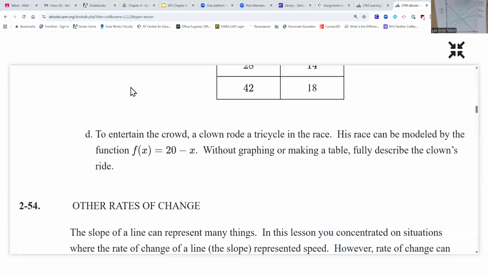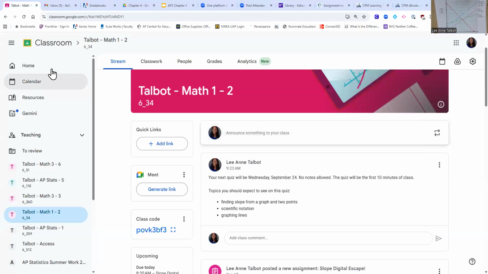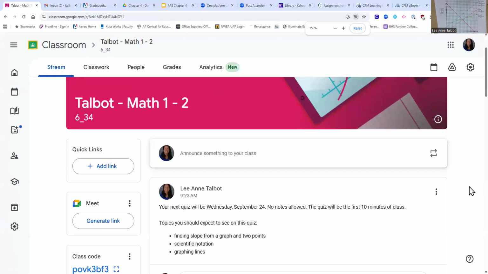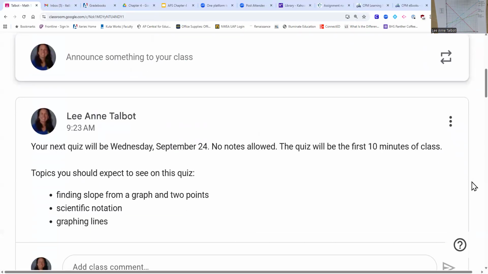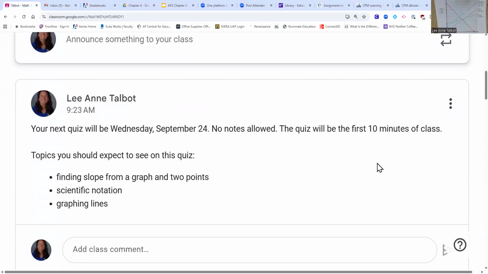Okay, we're done with that. All right, so now can you guys read this, please, and thank you. Do you guys all know what I mean by finding slope from a graph and 2 points?